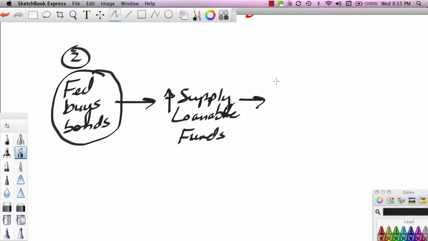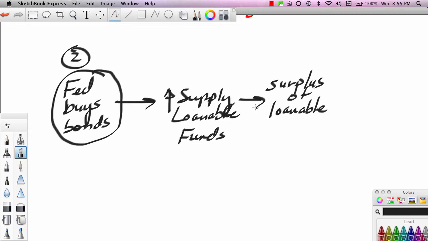And that's going to create a surplus of loanable funds. You can see how supply and demand is so important here. The supply and demand modeling we did at the very beginning of the course, even though that is microeconomics, we can use that model in talking about macroeconomic outcomes.